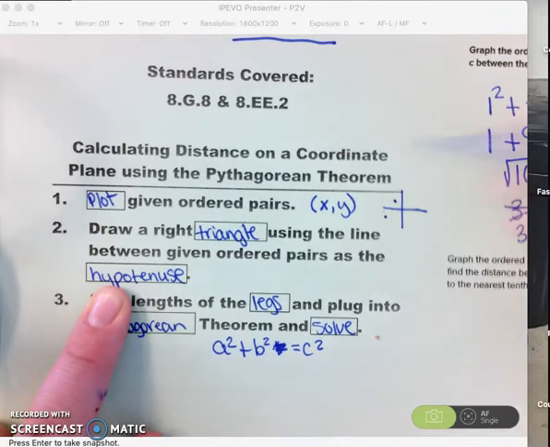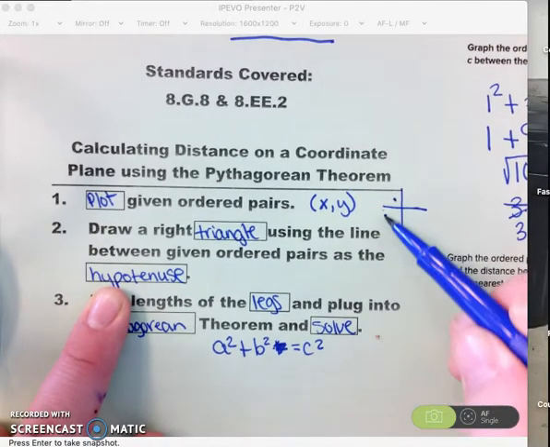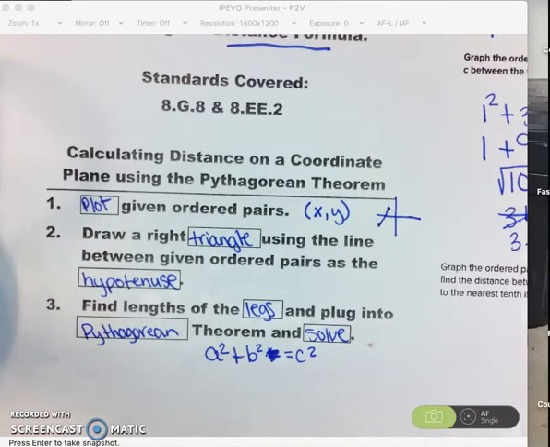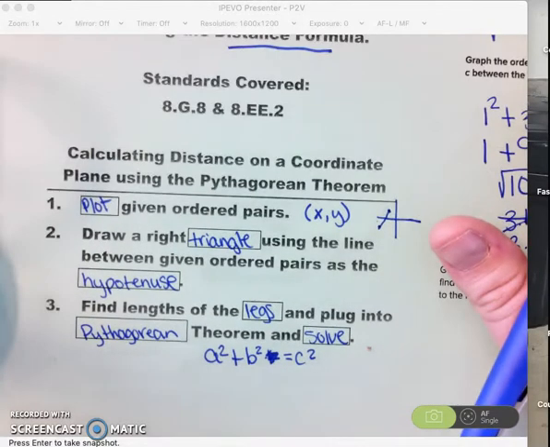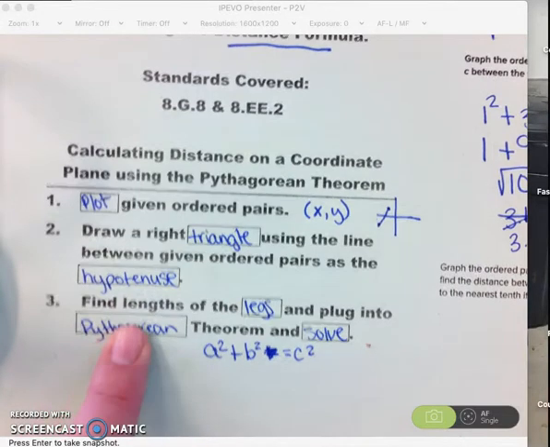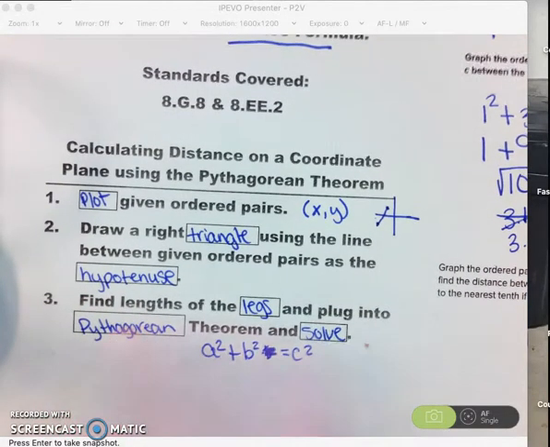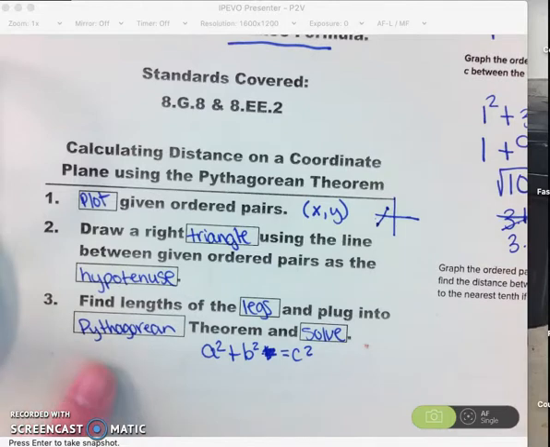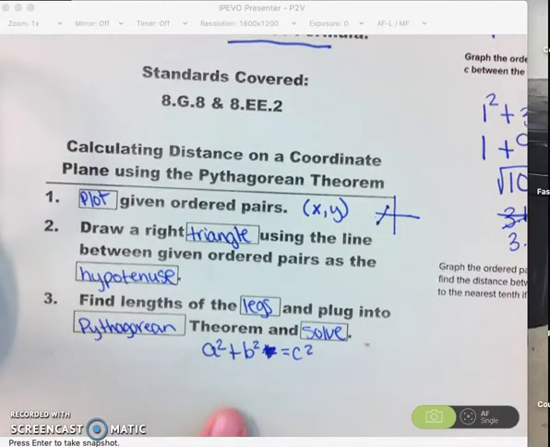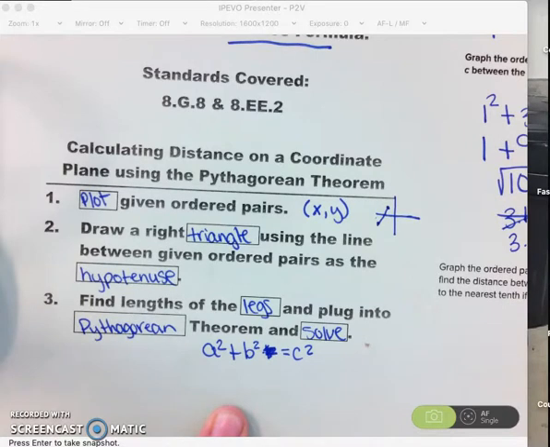So you're first going to connect the 2, and then from one point to the next, you need to go using only horizontal and vertical lines. It'll make more sense when we do an example. After that, you need to find the lengths of the legs and then plug them into the Pythagorean theorem and solve. And remember that our Pythagorean theorem is a squared plus b squared equals c squared.